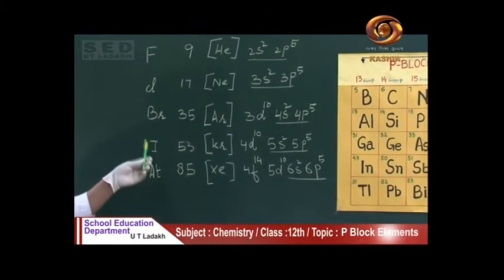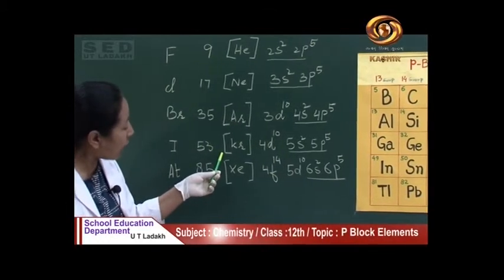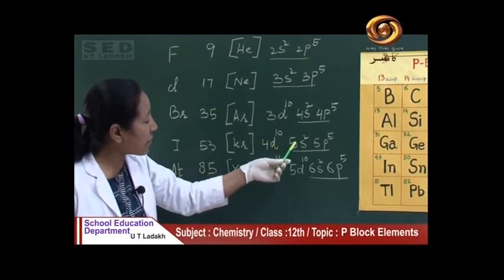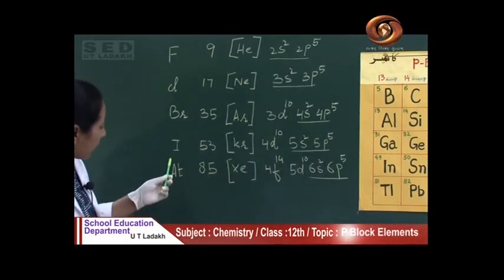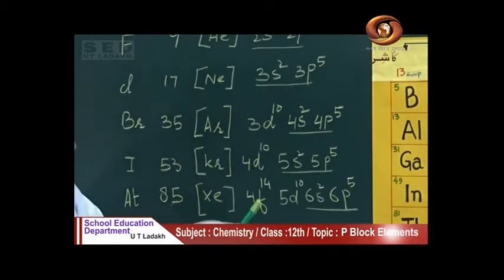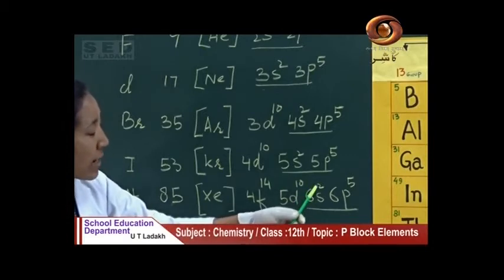Next halogen is iodine, atomic number 53, and its electronic configuration is krypton 4d10 5s2 5p5. The last halogen is astatine, which is radioactive in nature. Its atomic number is 85, and its electronic configuration is xenon 4f14 5d10 6s2 6p5.